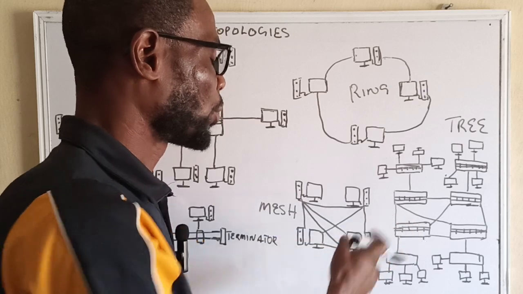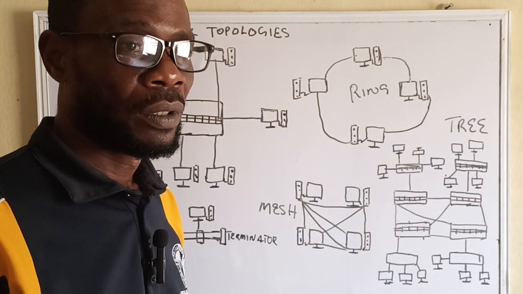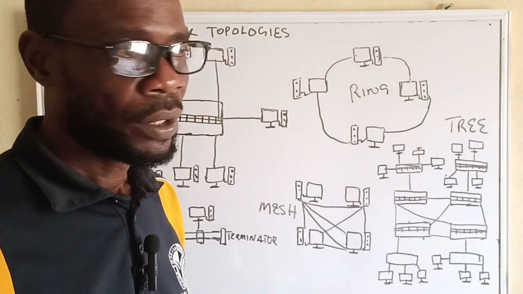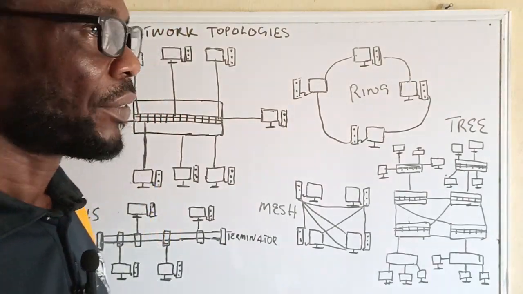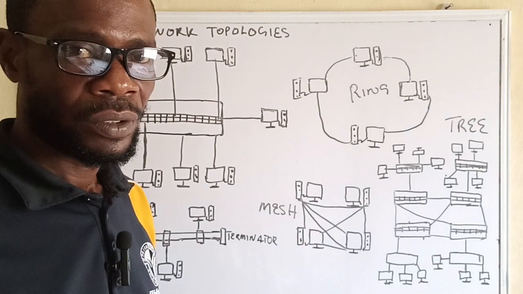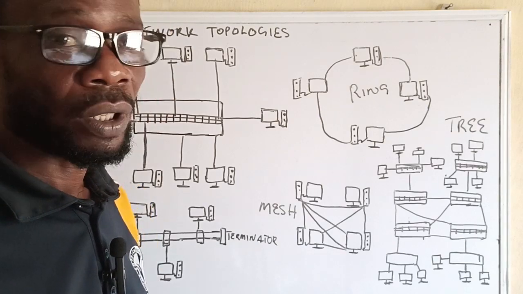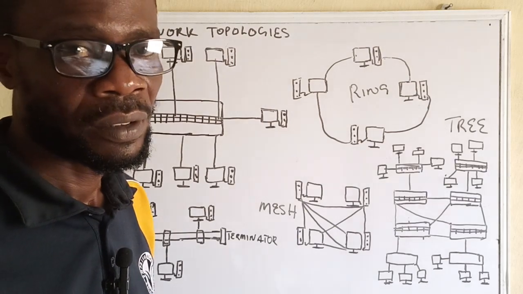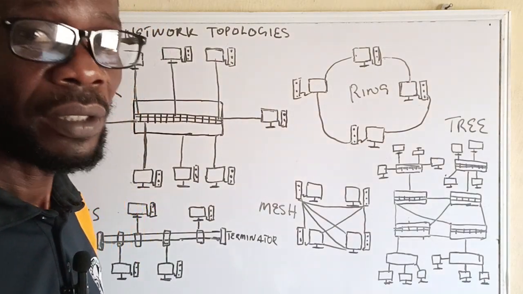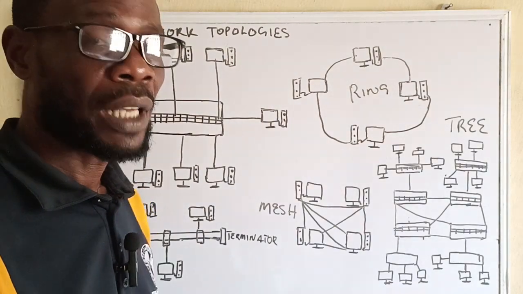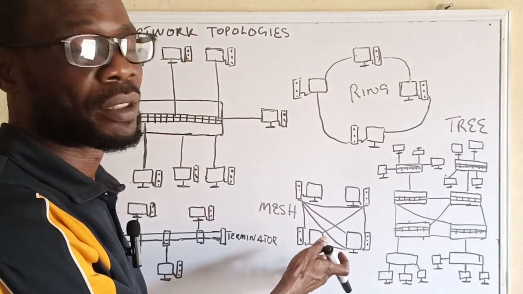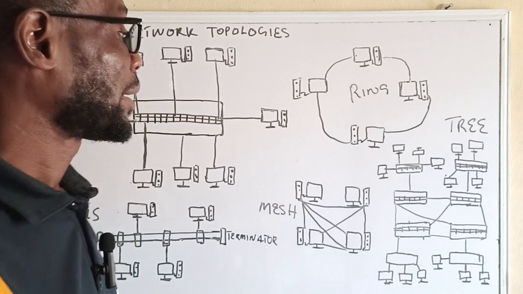This type of network structure is common in a switched network, where you have several switch fabrics connected to each other in order to ensure fault tolerance. Redundant link: when this link fails, another link takes over. It's similar to this mesh. So that is it.